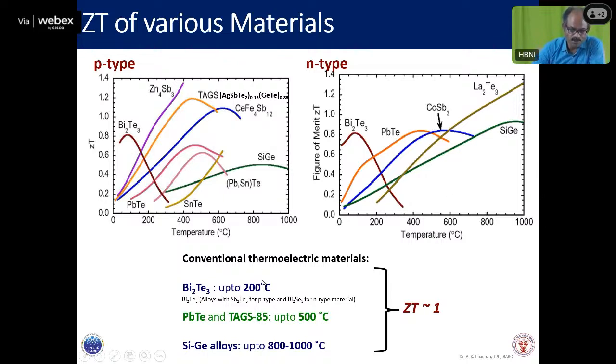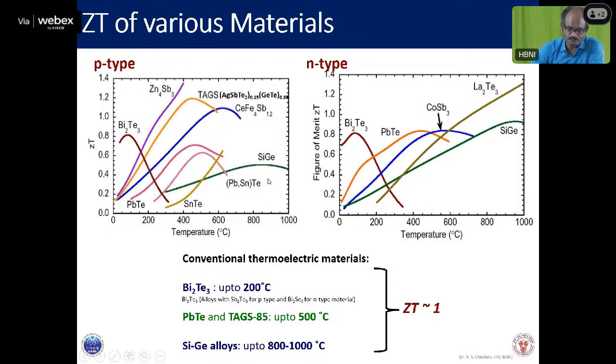Suppose up to 200 degrees centigrade, you want to make thermoelectric devices where the temperature of the source is nearly 200 degrees centigrade. You can very simply use Bi2Te3. If you want to use it at a slightly higher temperature, maybe up to 500 degrees centigrade, then you have lead telluride and TAGS, which is actually an alloy of different metals, and this can be used up to 500 degrees centigrade.